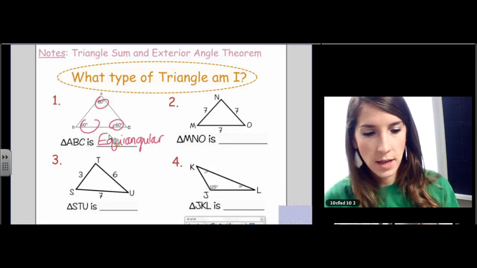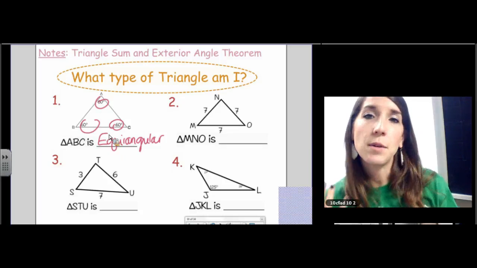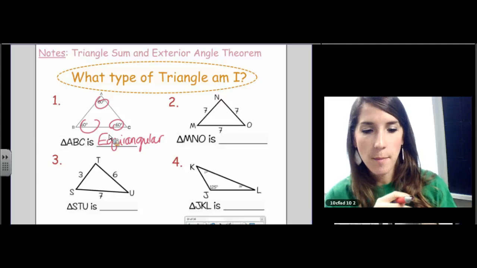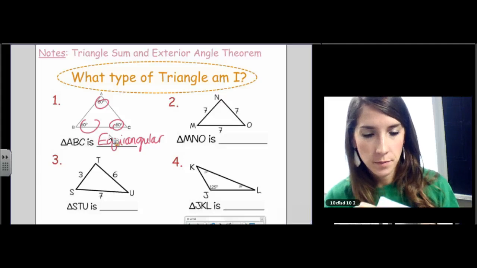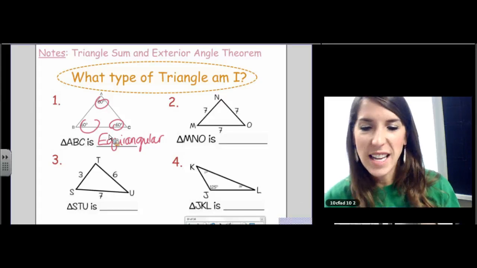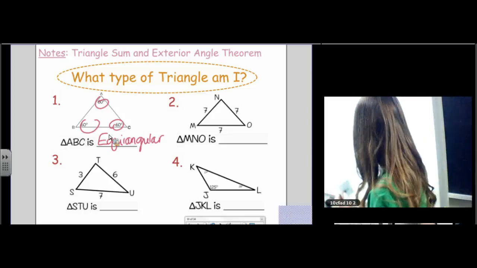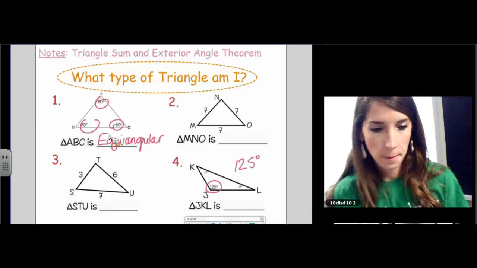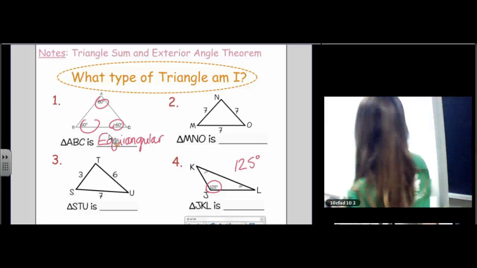No, try number 2 again, Quinn. So if I give you sides, I want you to name it, classify it by its sides. If I give you angles, I want you to classify it by its angles. On number 4, I said it doesn't matter what those angles are. This one's 125. That's all that matters. Equilateral, thank you.